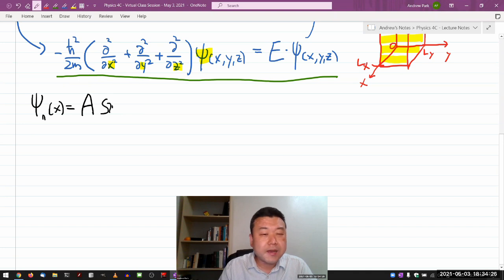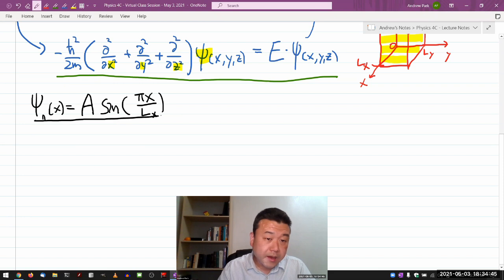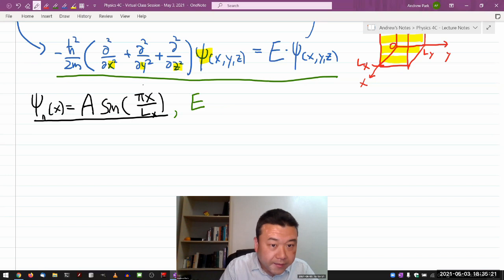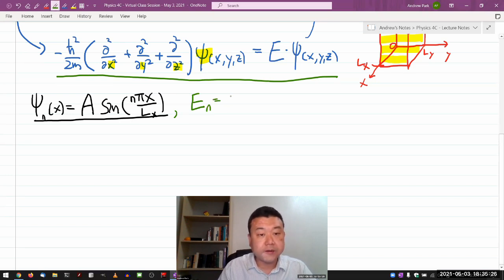I think this was sine of n pi x over L sub x. With this solution, the differential equation is satisfied as long as my values of energy are n squared, pi squared, h bar squared over 2m Lx squared, then this was an allowed solution.